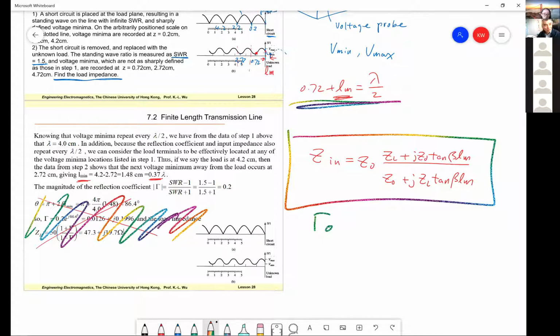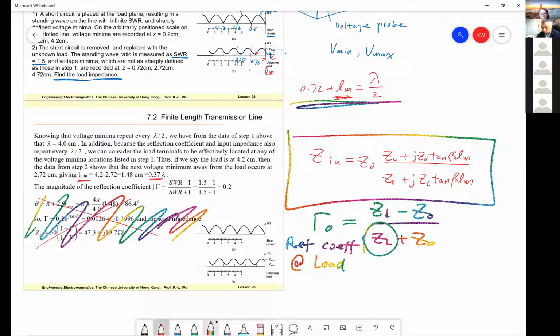It is very easy to remember the reflection coefficient at the load: the load minus characteristic impedance, over load plus characteristic impedance. However, the so-called load, you can define the impedance at any location as a load.